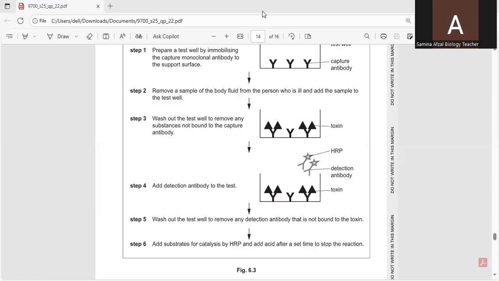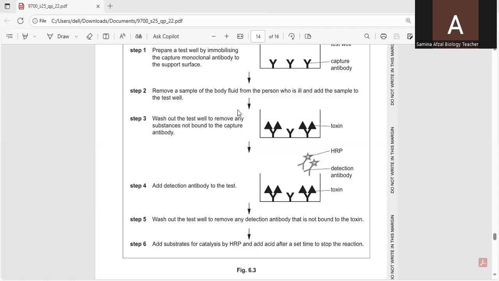Step 4, add detection antibody to the test well. Wash out the test well to remove any detection antibody that is not bound to the toxin. Then add substrate for catalysis by HRP and add acid after a set time to stop the reaction.